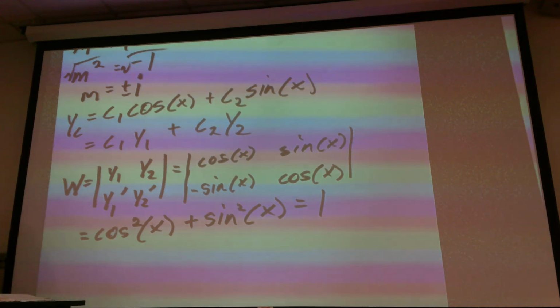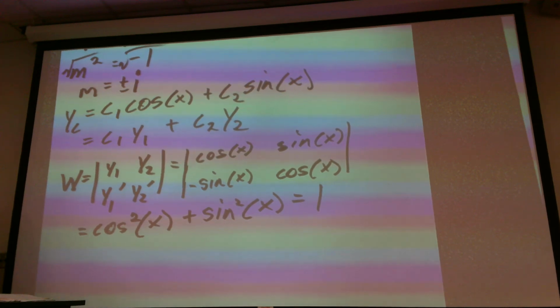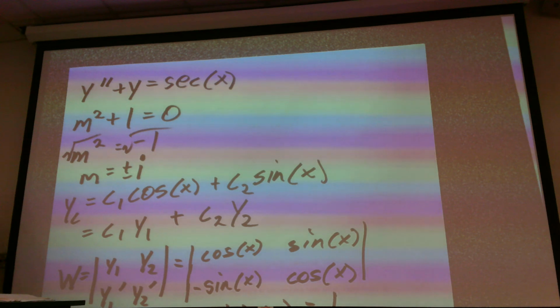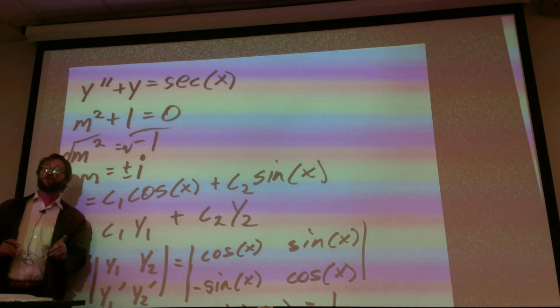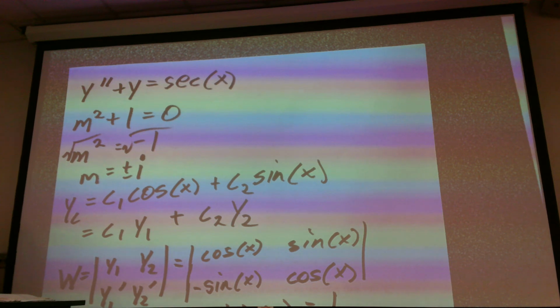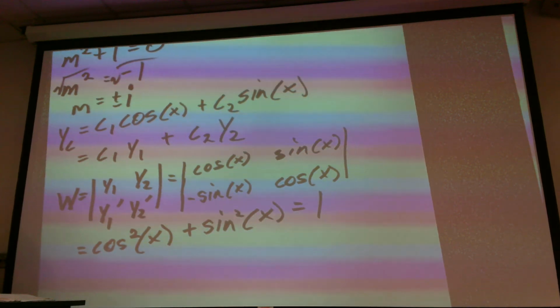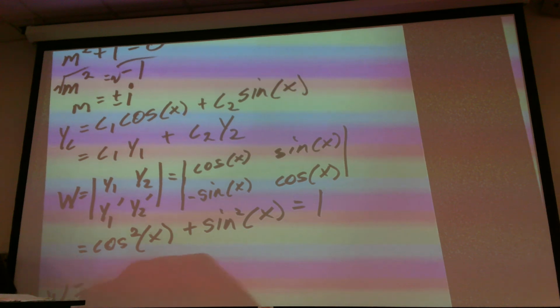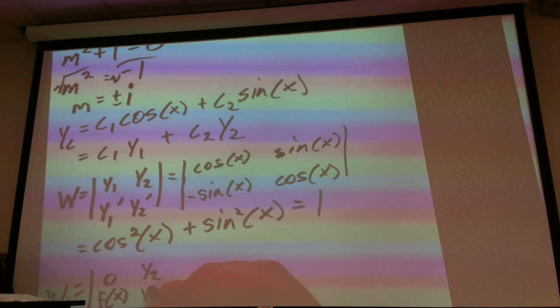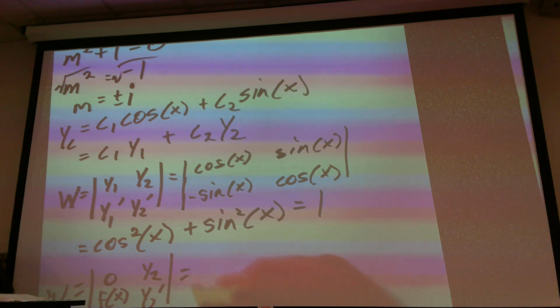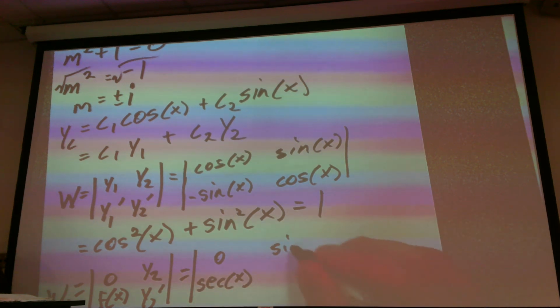Now w1. Let's look back at the beginning of our problem. The right-hand side of the problem is secant of x. That's the non-homogeneous portion of the problem. So remember that w1 is 0, f of x, and y2, y2 prime. So that's 0, secant of x, sine of x, and the derivative of sine is cosine.